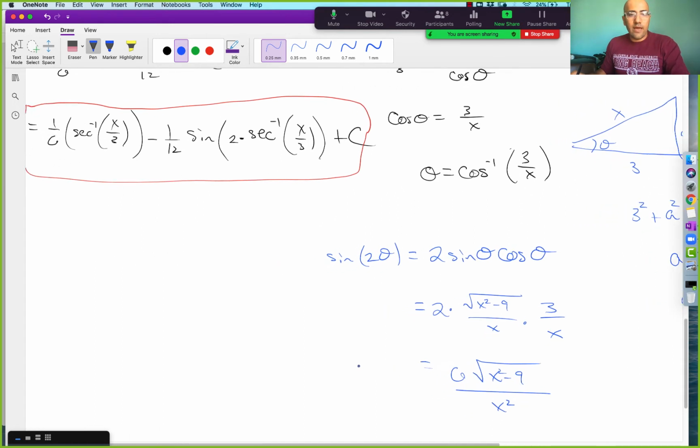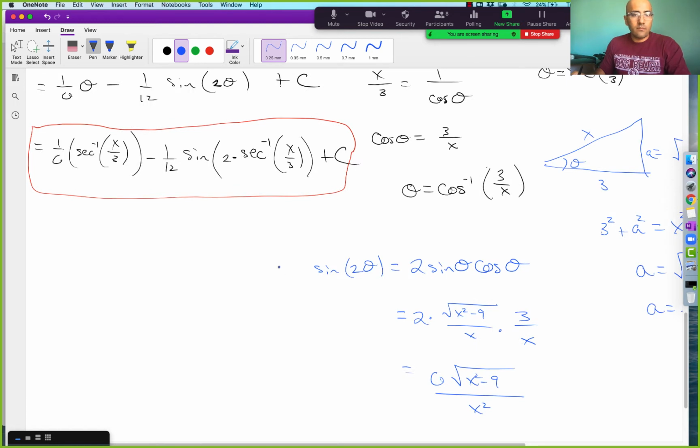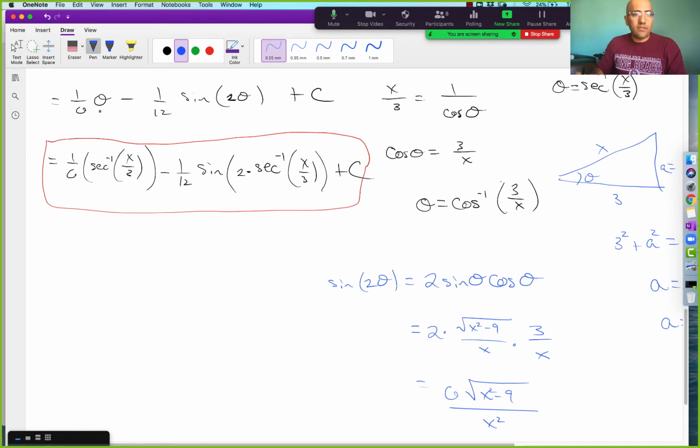So we can go back to here and either stop there where I replaced the theta, but that's kind of ugly, so let's go back and instead replace the theta from there.